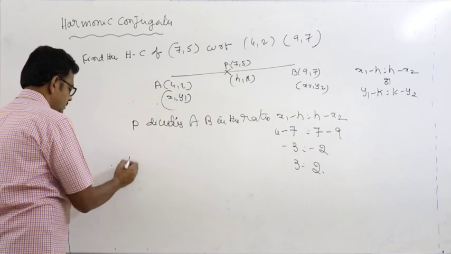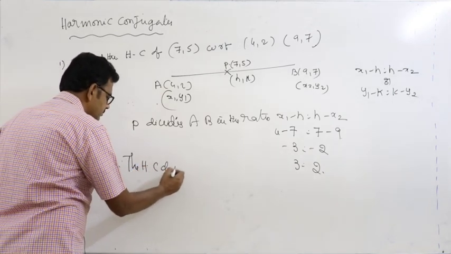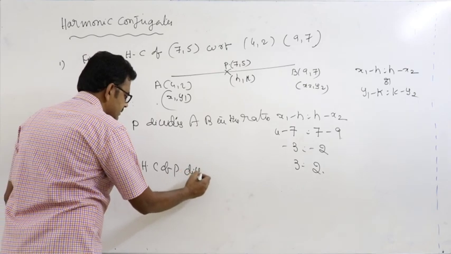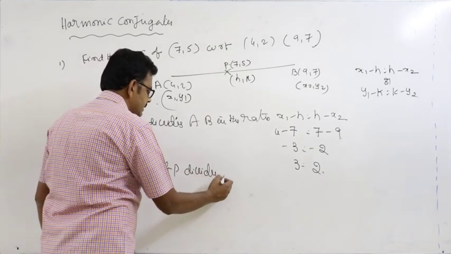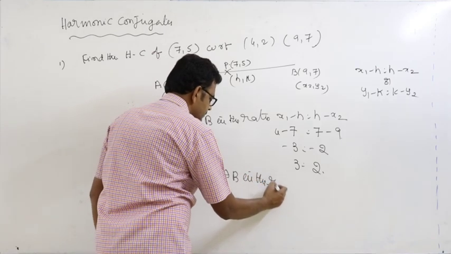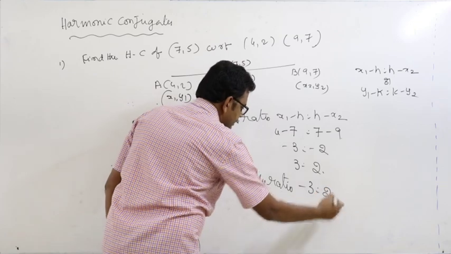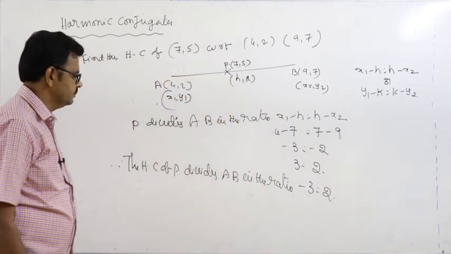Therefore the harmonic conjugate of P divides AB in the ratio minus m is to n, that is minus 3 is to 2.